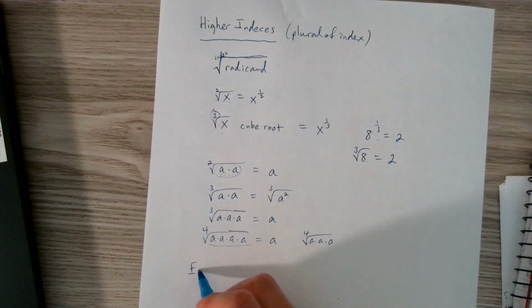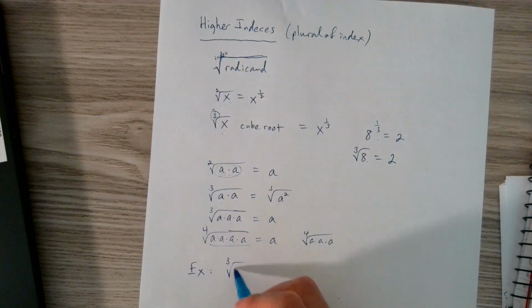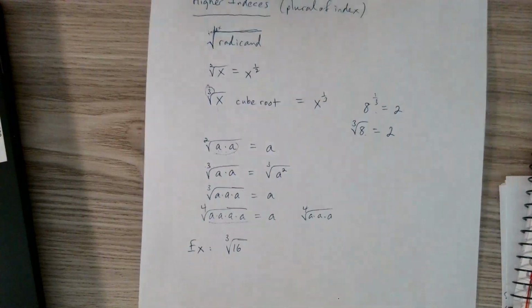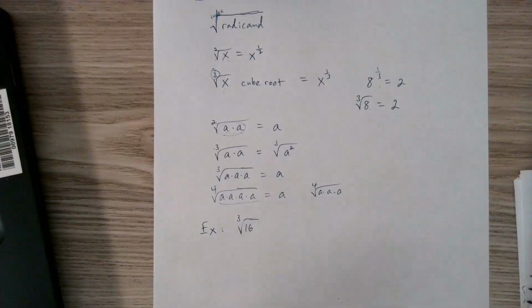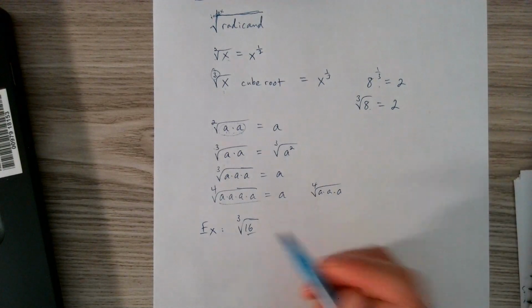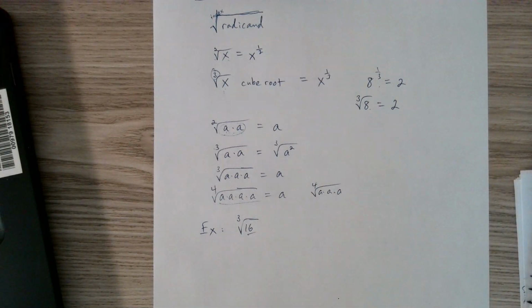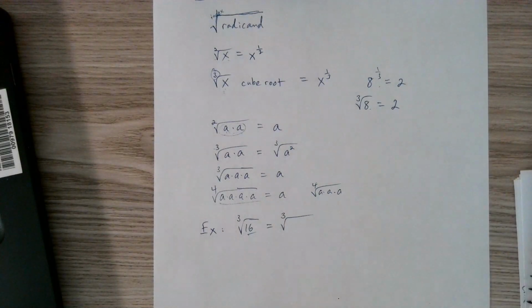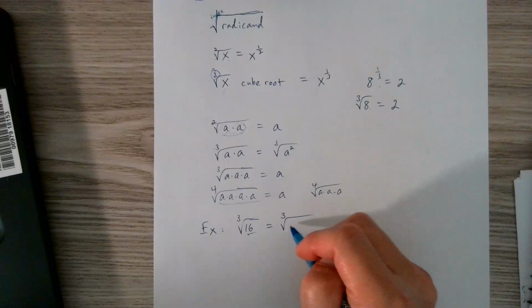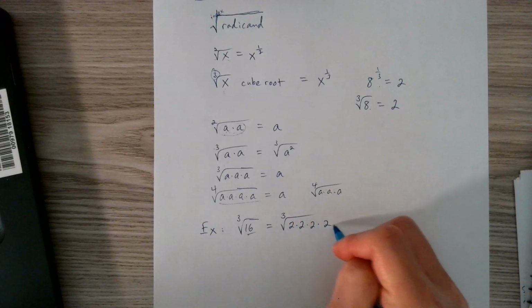Okay, so here's an example. Cube root of 16. We're in cube root land, so automatically you must think, I need 3 identical factors in that radical in order to simplify. So what factors does 16 have? If I factor it all the way down to its prime factors, there are 4 2's.